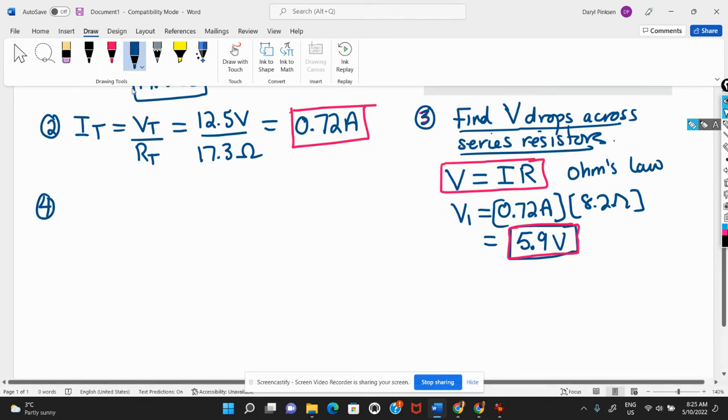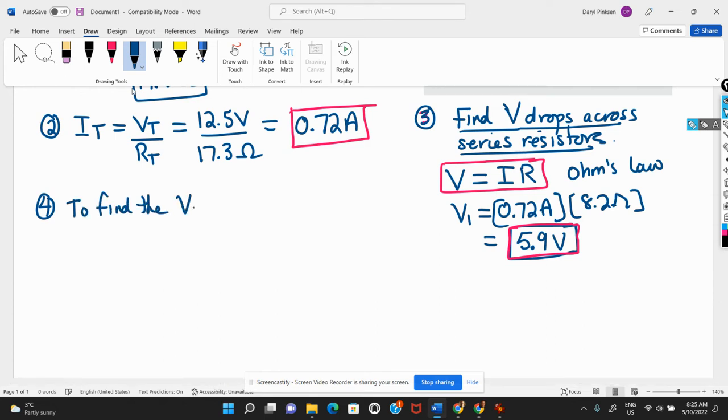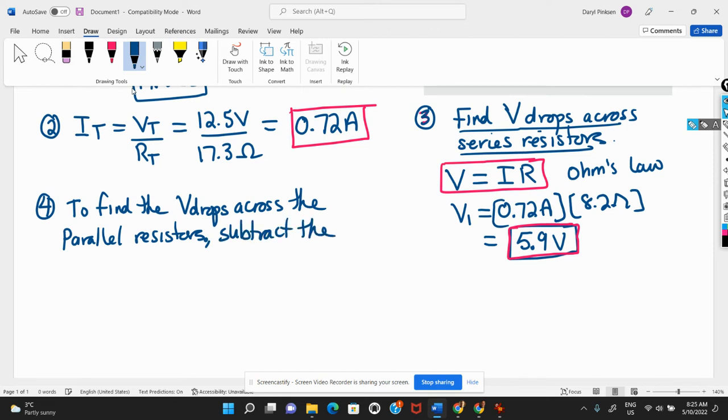In order to find the voltage drops across the parallel resistors, subtract the voltage drops of the series resistors from the total.